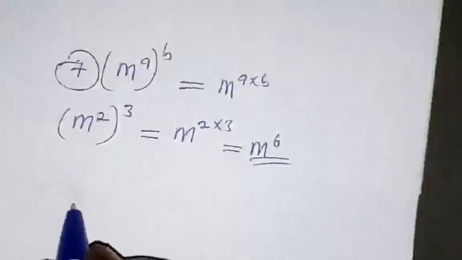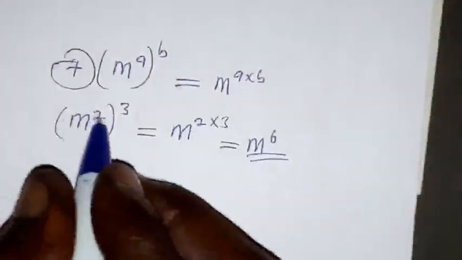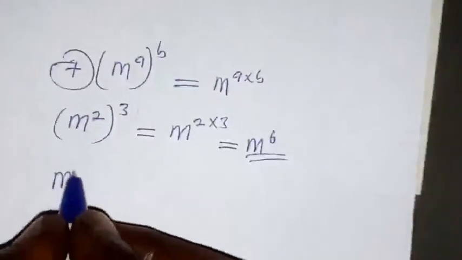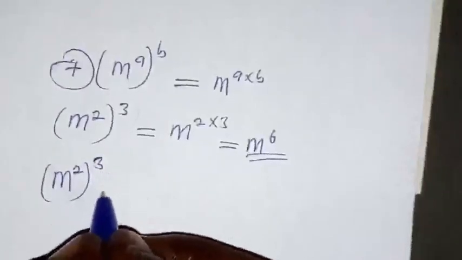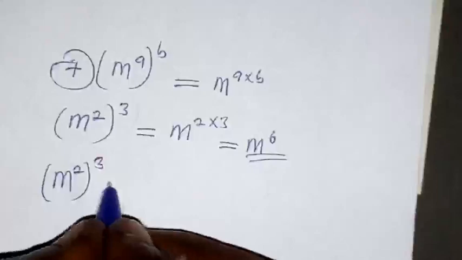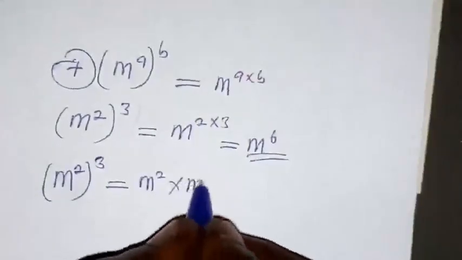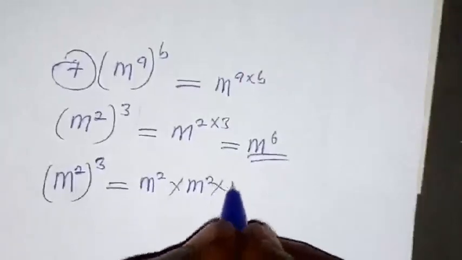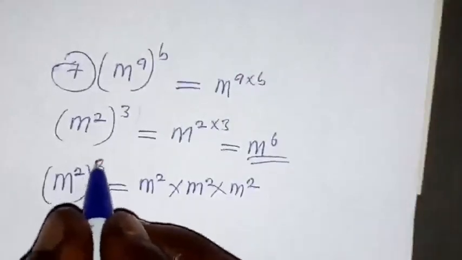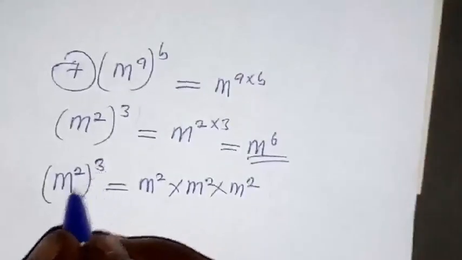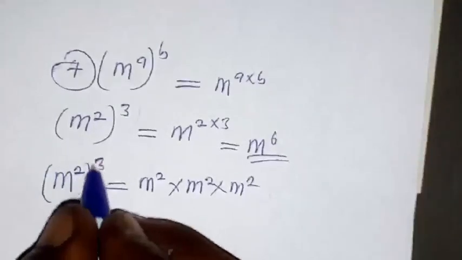But in a simple way, we can also apply the addition law in order to simplify this. Let's say I have m power of 2 outside bracket power of 3. This can also be expressed as m power of 2 times m power of 2 times m power of 2, up to 3 times, because this index implies that the number inside the bracket multiplies itself 3 times.